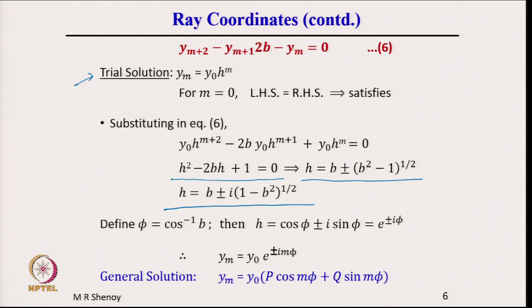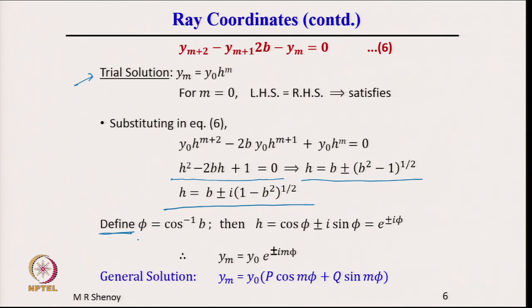Now, we define phi; if we put b as cos phi, then we have 1 minus cos squared phi, which is sin squared phi, and b is cos phi here.